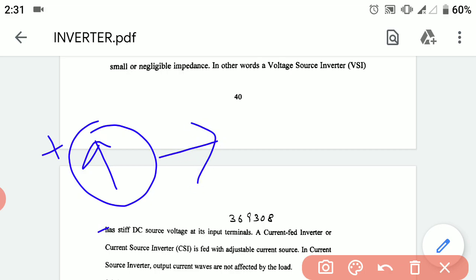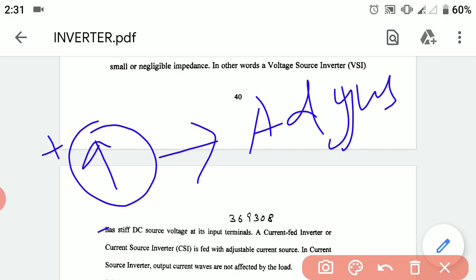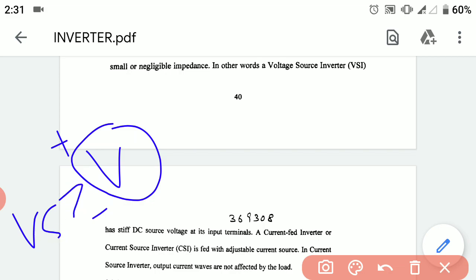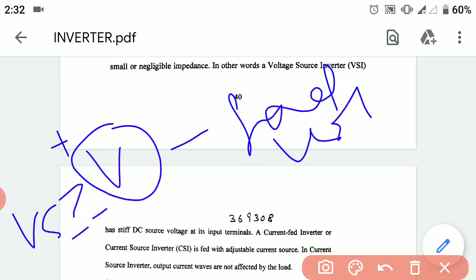This current source is an adjustable current source, that is, we can increase or decrease the magnitude of the current through this source. But the voltage source that we were using for VSI was a fixed voltage source. So that is also one difference between them.